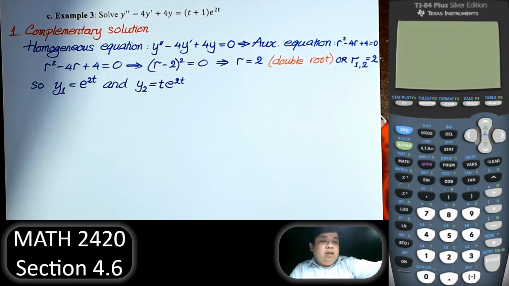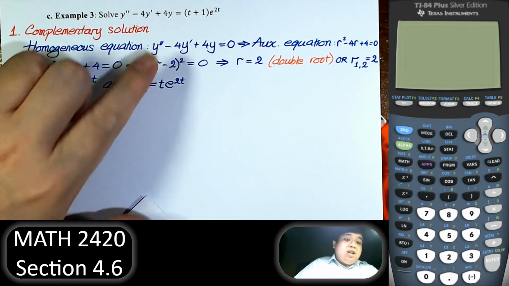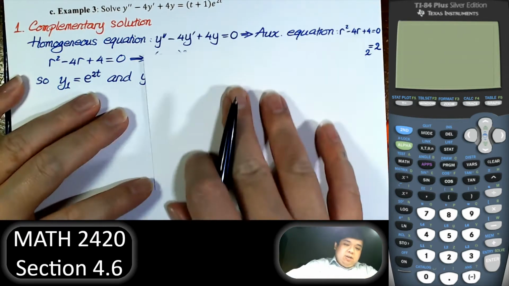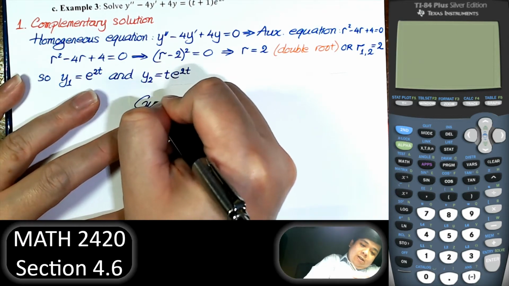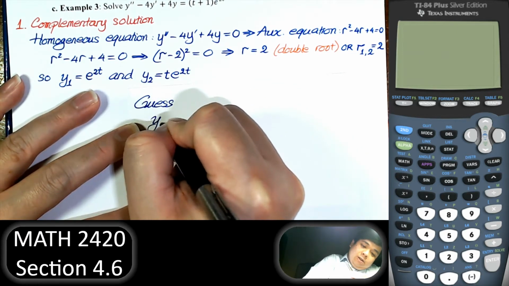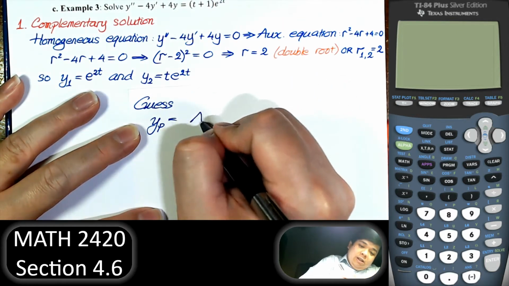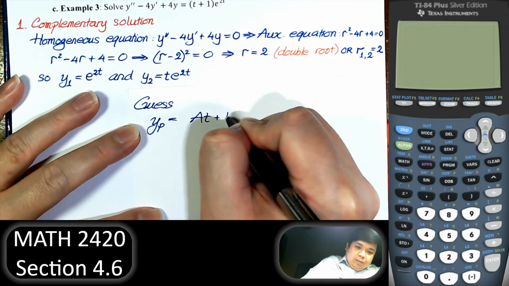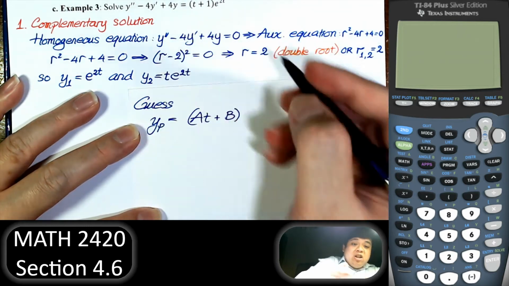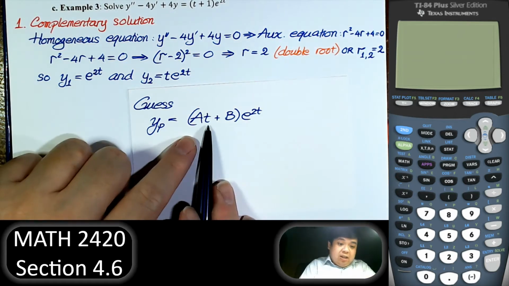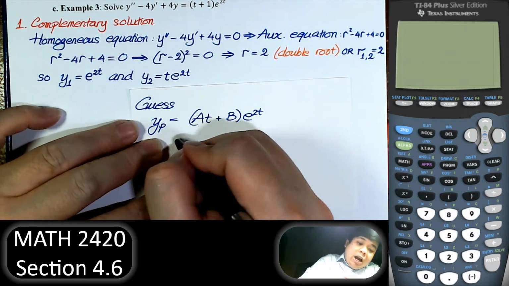Now, I did say that this problem we can guess. So if we have to guess the solution, what do we guess? We have a polynomial here. So I write that in general, e to the 2t. If I guess that, let's multiply it out.